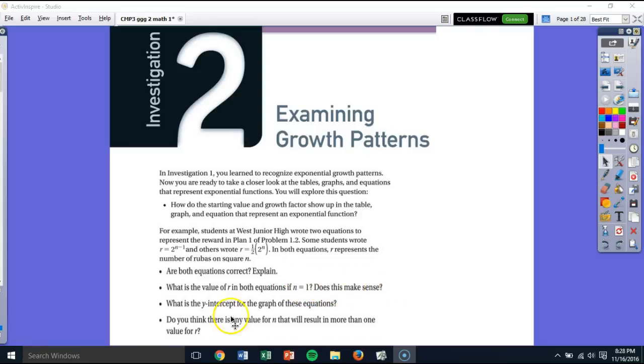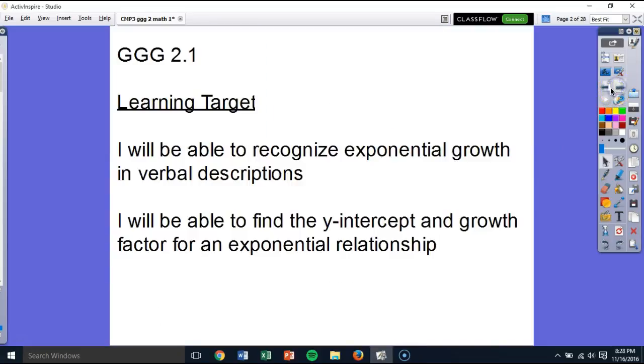Why or why not? And what is the y-intercept for the graph of these equations? Do we have one? Sometimes we do, sometimes we don't. How do you determine whether we do or don't? And then do you think there is any value for n that will result in more than one value for r? Okay. So pause the video, answer those questions, and then proceed forward.